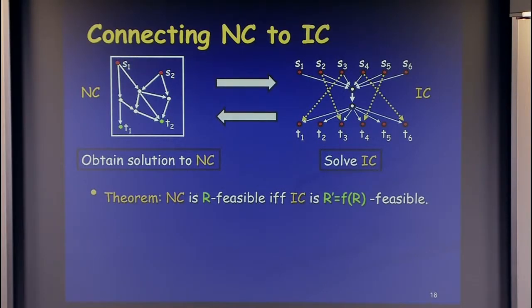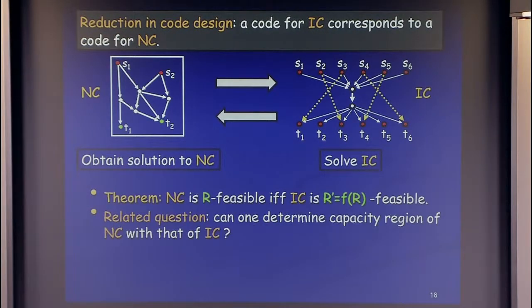And pretty surprisingly, this does not extend to a reduction which answers the following related question: can one determine the capacity region of a network code using the capacity region of an index code?